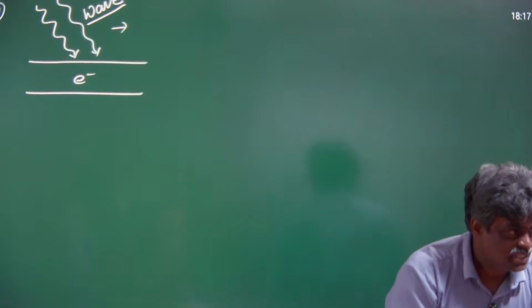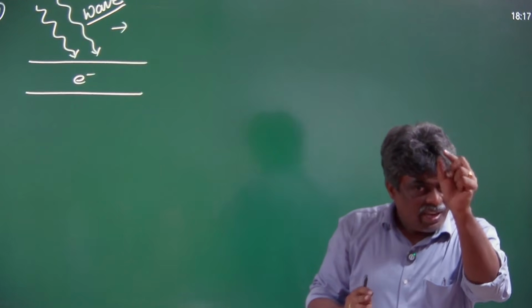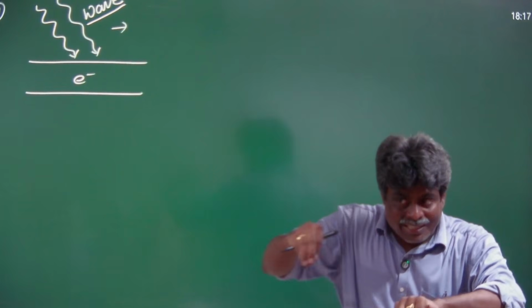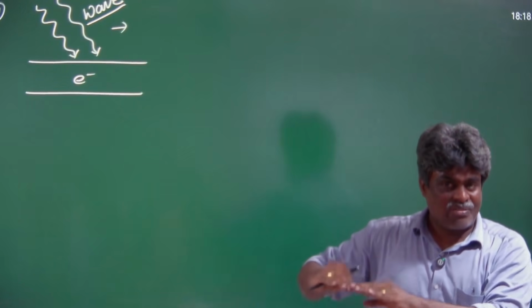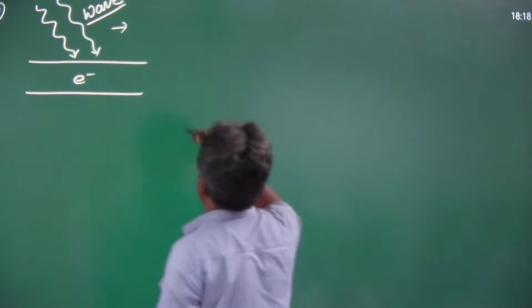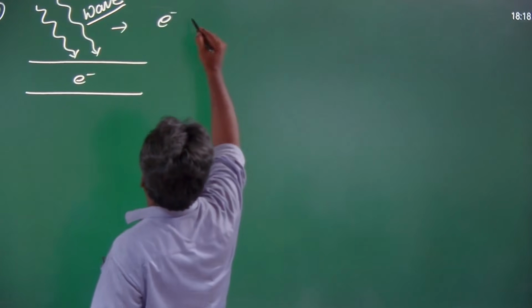Is it clear? This point is clear? So finally, what do you understand? While it is hitting the target, it is giving energy in the form of a discrete amount. That means it is behaving like a particle. So what's the observation?